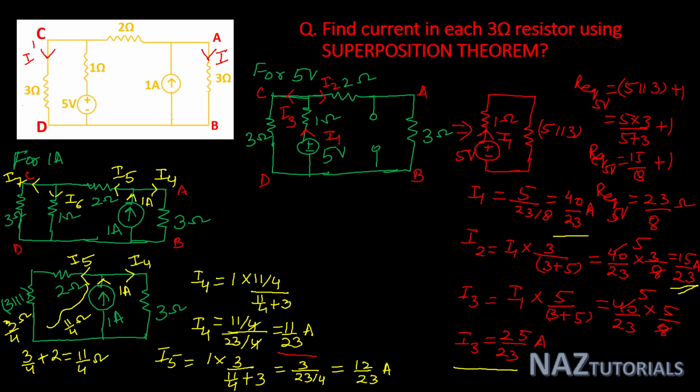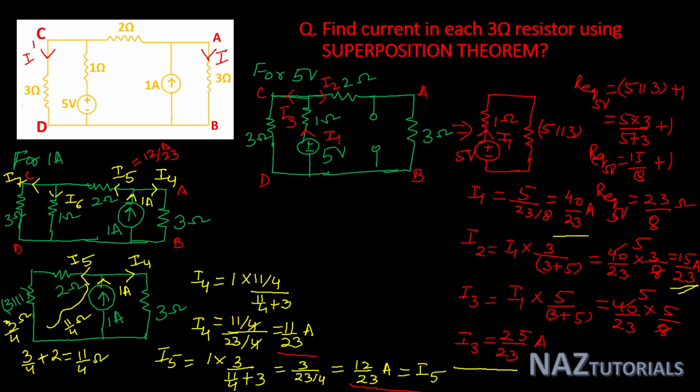This is current I5. So our current I5 is 12 by 23 ampere.